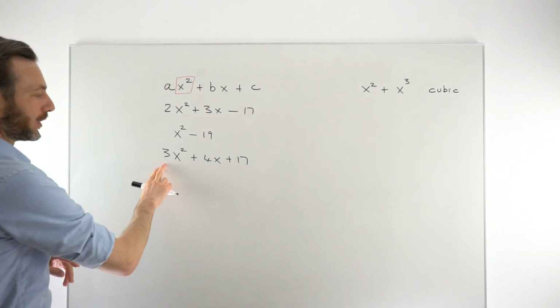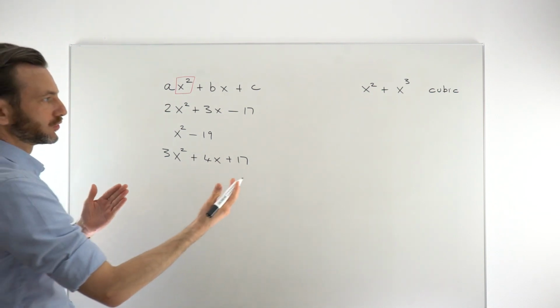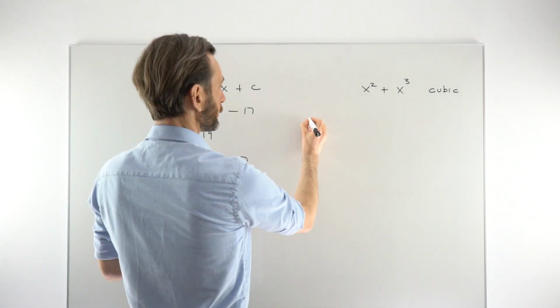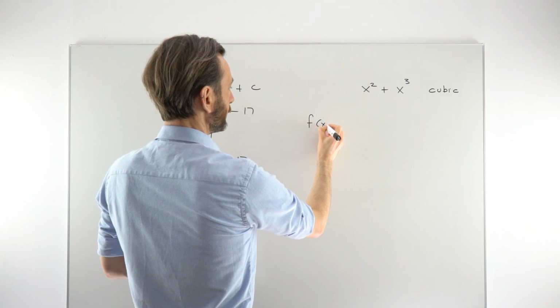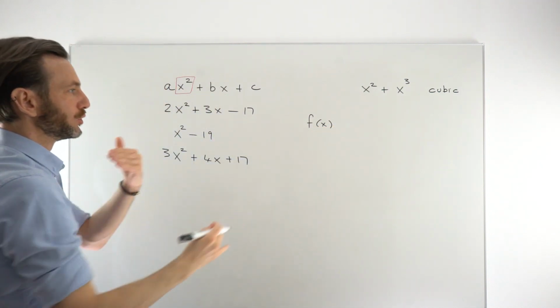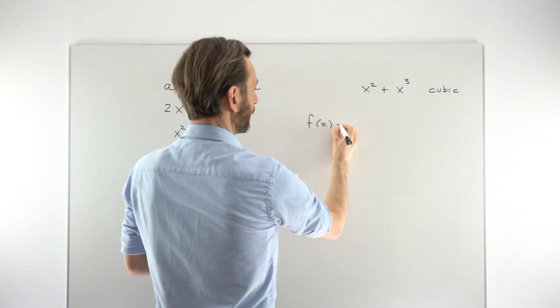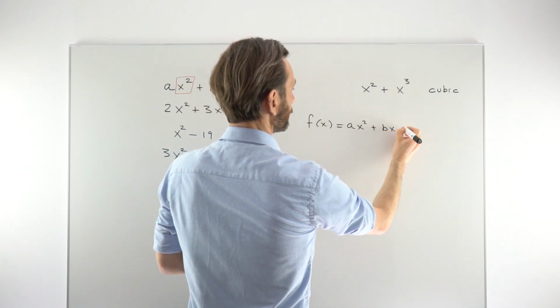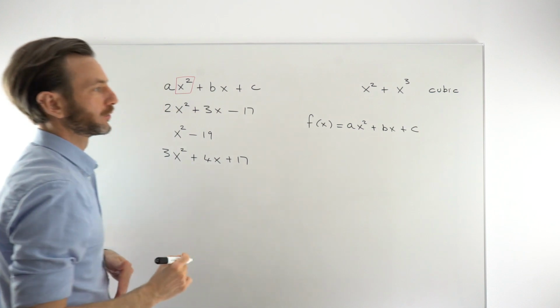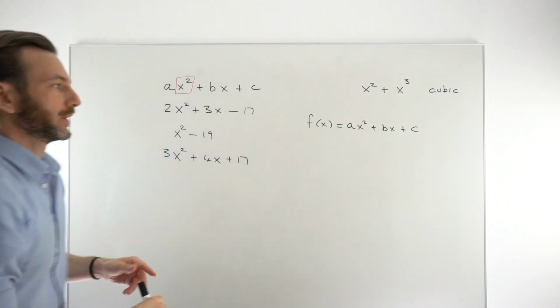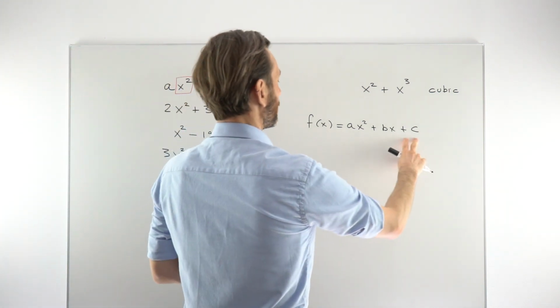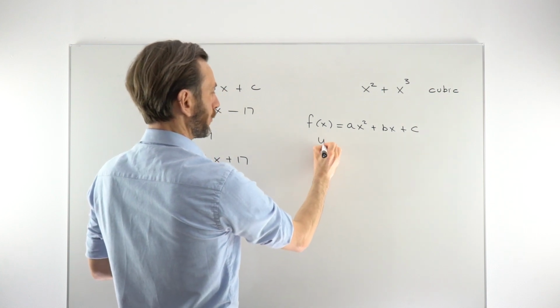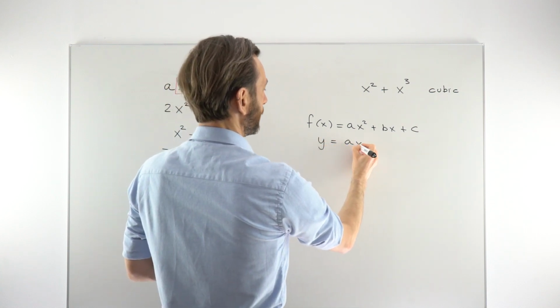When you take a quadratic expression and turn it into a function just by writing f of x in front of it, then that's starting to move towards a different area. So ax squared plus bx plus c, where we're starting to think more about what can we do with these quadratic expressions, in particular thinking about the graph. So sometimes as well we'll write this as y equals ax squared plus bx plus c.